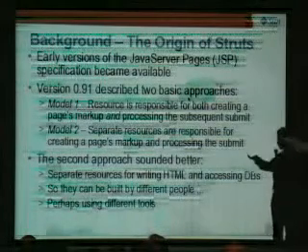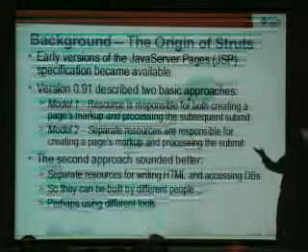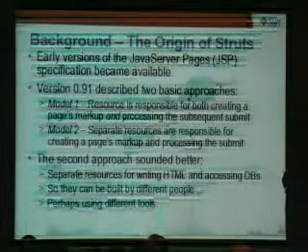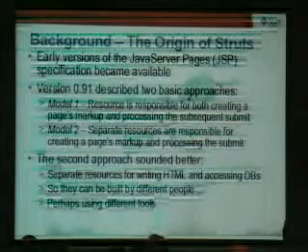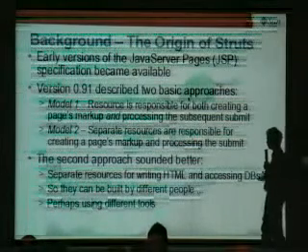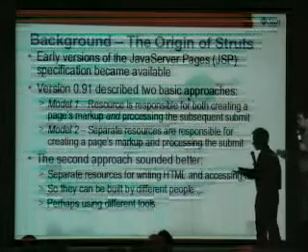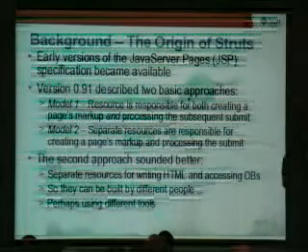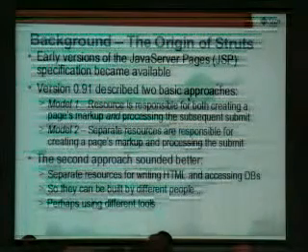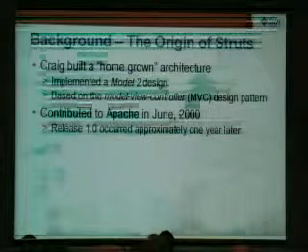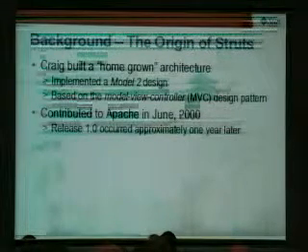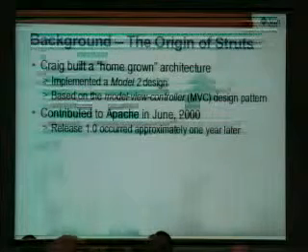They chose the second option, which is a lot better, because to separate writing the presentation stuff, the markup, from your back-end type code, it's a lot better to do that way. And so that's the model they chose. So as I said, Craig gave that to Apache in June 2000, and then a year later he had Struts 1.0.